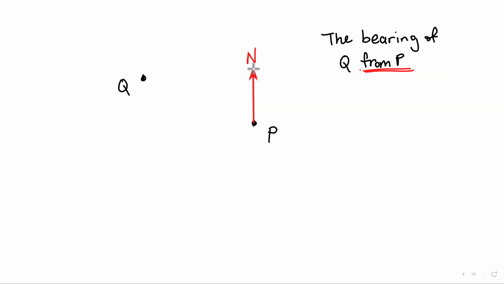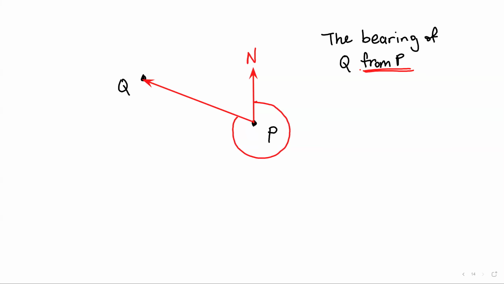But clockwise is going to be from left to right. So you're starting at the north line at P and you're measuring the angle around it, going around to here. So the bearing of Q from P is this angle around here.